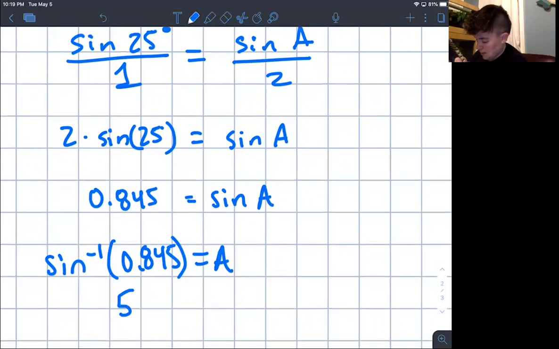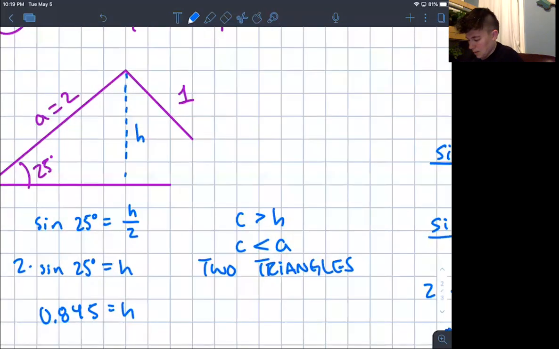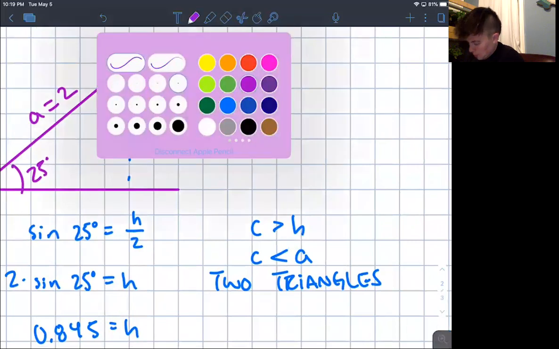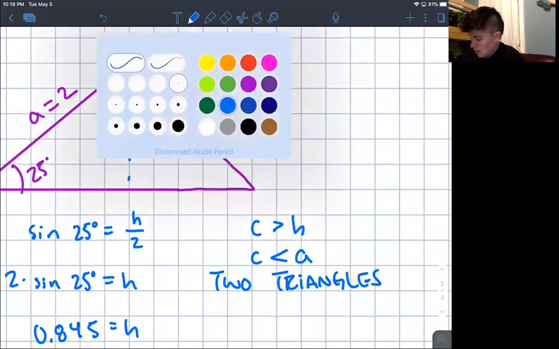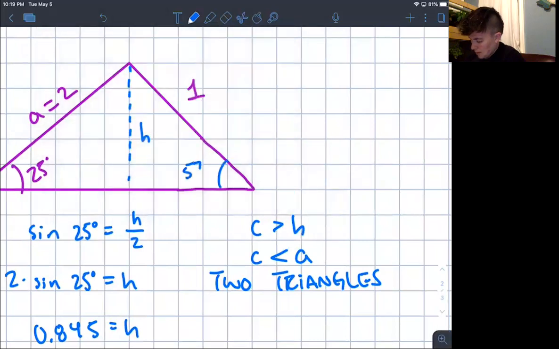So 57.67 degrees equals angle A. Let me go ahead and complete my triangle for the sake of having something to draw in. So this is 57.67 degrees.